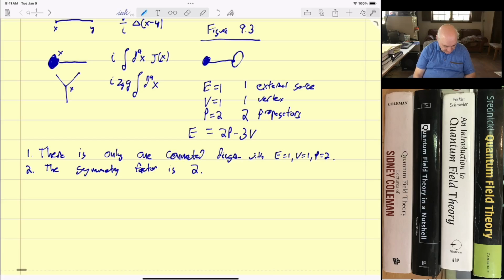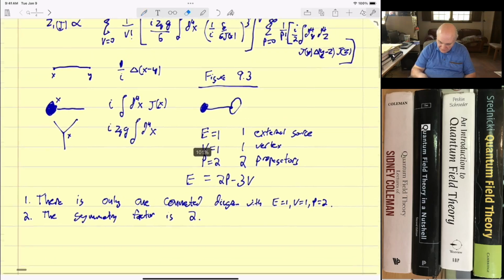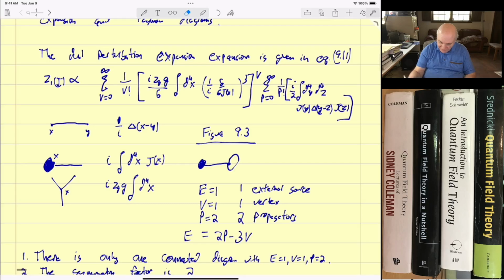So now one can reason about switching the propagators here, and that's where the symmetry factor of 2 comes from. First thing, what does the symmetry factor 2 mean? What it means is that if I were to use this dictionary to translate this diagram, would that expression be the same as I get from the Taylor expansion?